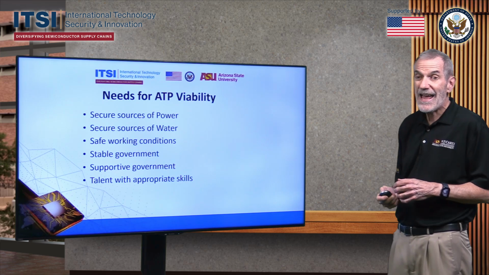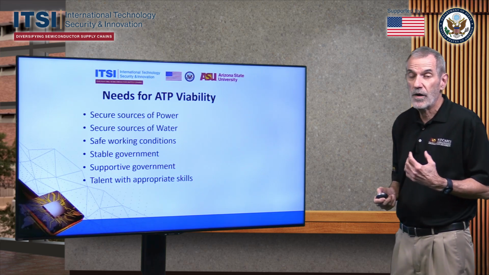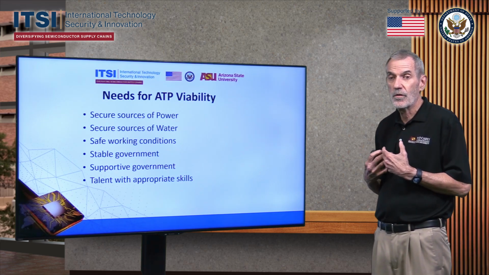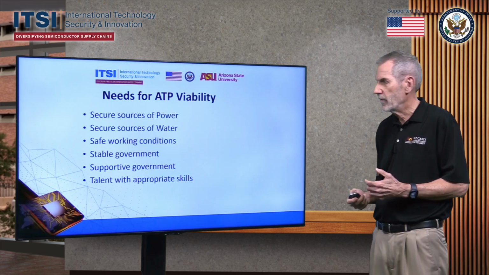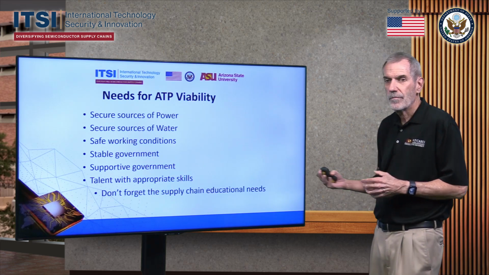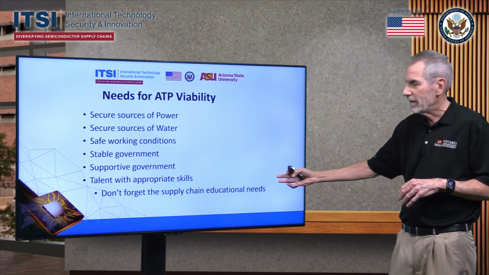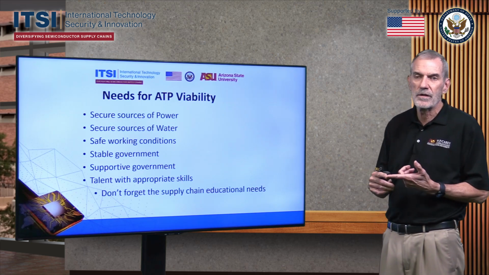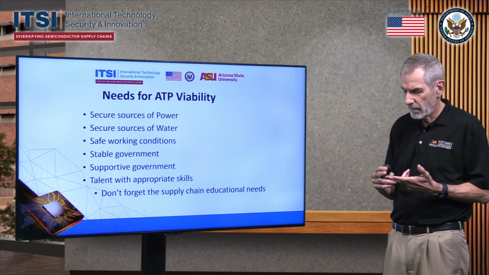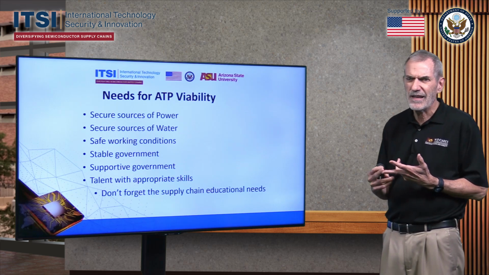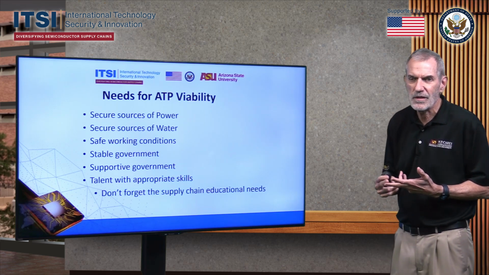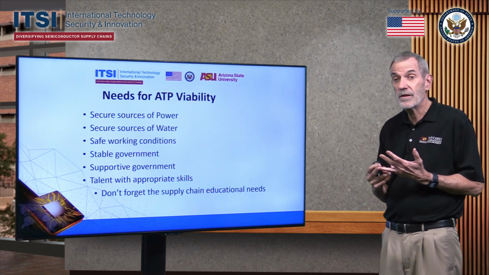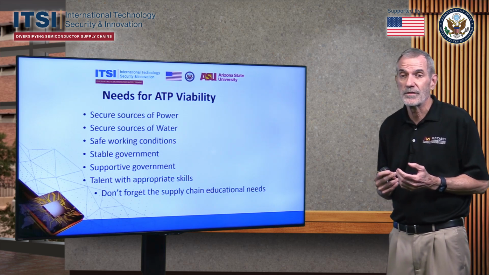You also need talent with the appropriate skills, and that's a big part of what we want to do in the ITSI program: make sure that the talent is also available. This one is a little bit self-serving, but don't forget that not only do you need electrical engineers, chemical engineers, again not so much chemical on the assembly and test side, you need a lot of mechanical engineers and robotic engineers for assembly and test.